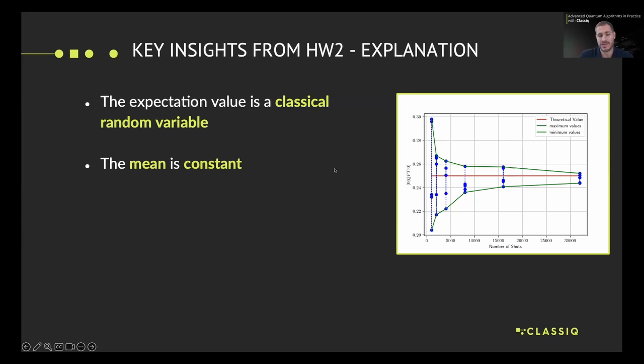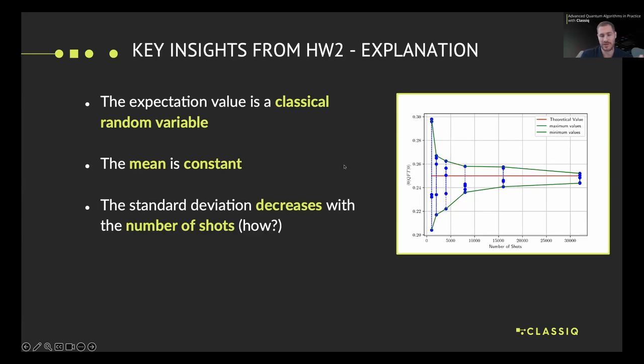But what is different is the standard deviation, the difference between the different experiments, or how we deviate from the mean value or from the theoretical expectation value. And this is interesting when it comes to the implementation of real quantum algorithms.